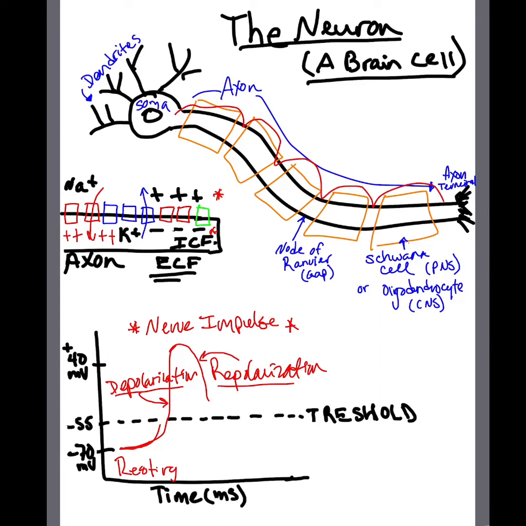Now, as this keeps happening, eventually, after repolarization, some voltage-gated potassium channels keep opening and potassium keeps coming out of the membrane.